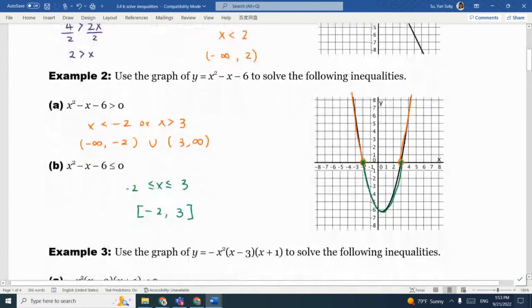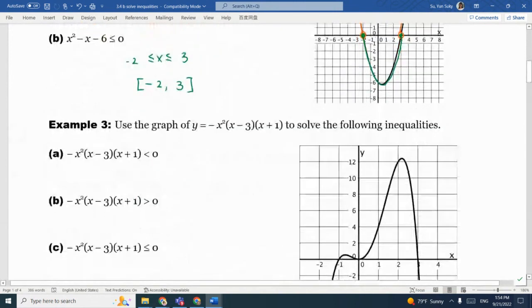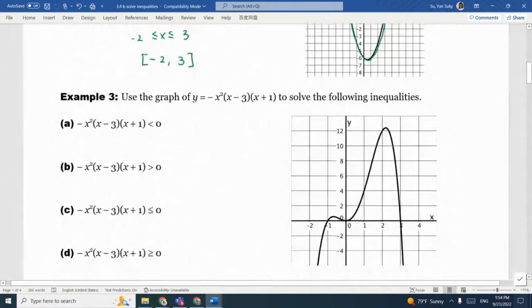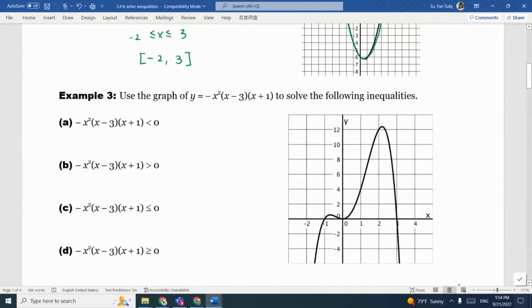Okay, very good. Now you do this one. Here you're given the picture, and you need to figure out the following. Try to write down the answer.